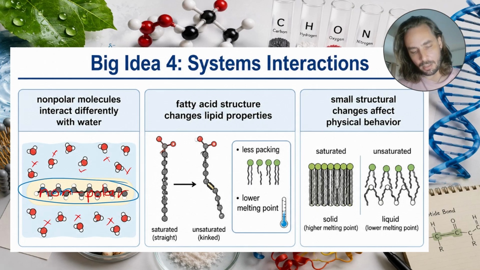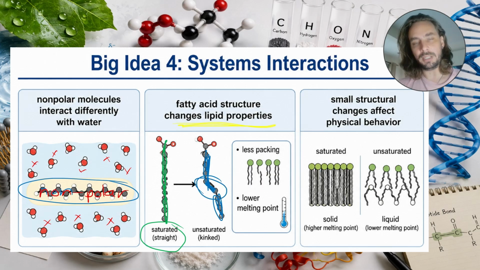Okay, now fatty acid changes the lipid properties. You can get saturated fats. That means that they're all in a straight line. And you can get unsaturated fats, which means that one of these carbons has a double bond, meaning it has a little bit of a kink in its tail.